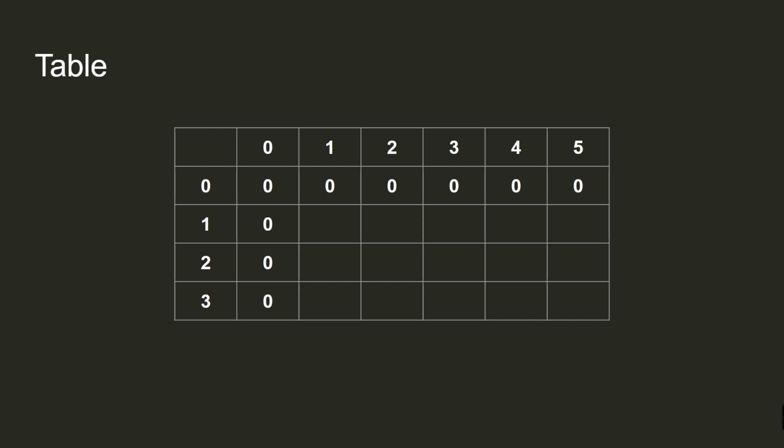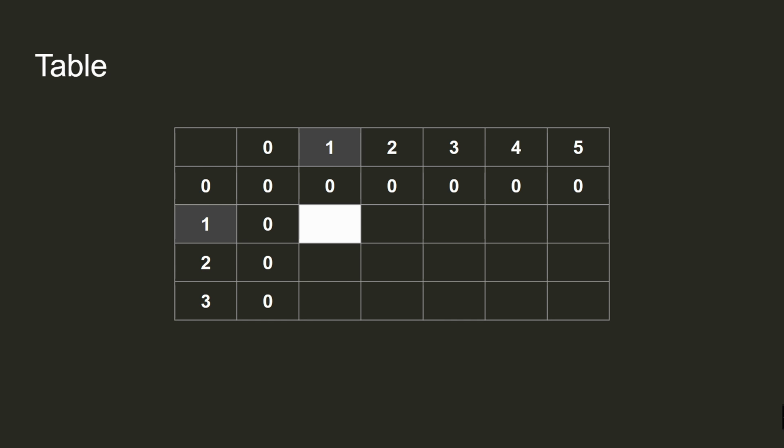For row 1 and column 1, the first thing that we need to check is, can we fit the current item into this cell? For this we need to check if the current item's weight is less than or equal to the current capacity, which is represented by the column. The first item has weight 1 and we are doing the math for weight 1, so we can fit that item into the cell.